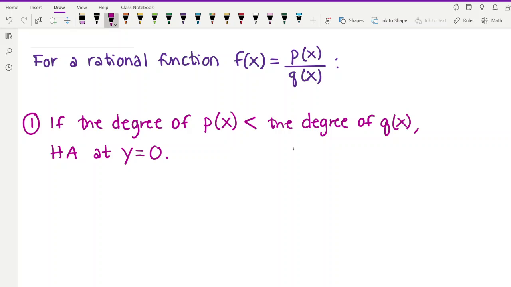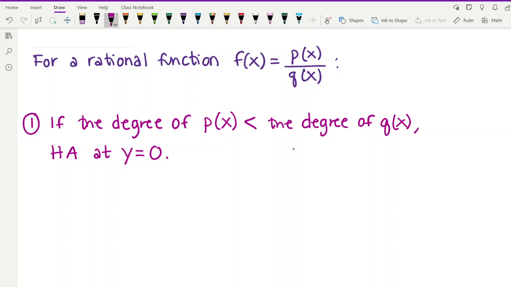It doesn't matter what those degrees are. It doesn't matter what the coefficients are. It doesn't matter what else is going on in the function. It's always going to be true that if the degree of the numerator is smaller than the degree of the denominator, right? Degree, again, remember, means the highest power. It's always going to be true that we're going to have a horizontal asymptote at y is equal to 0.